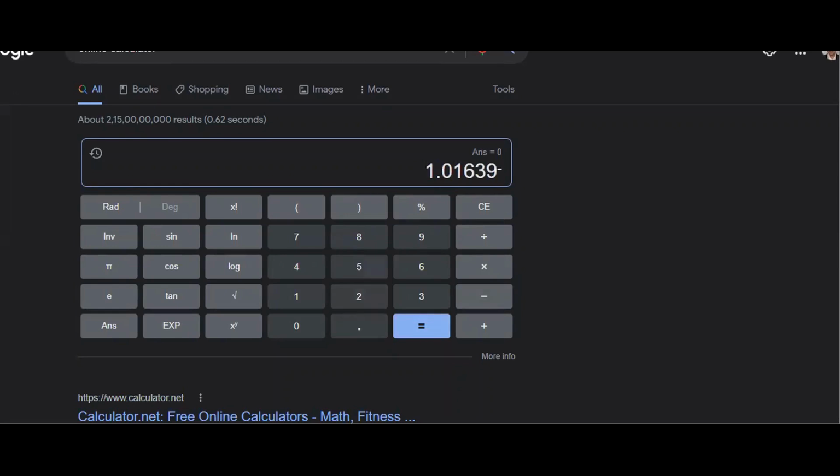You need to find this first. 1 plus i to the power minus 4. Then you subtract 1, then multiply with minus 1. You'll get this. See, this is what I wanted to find.